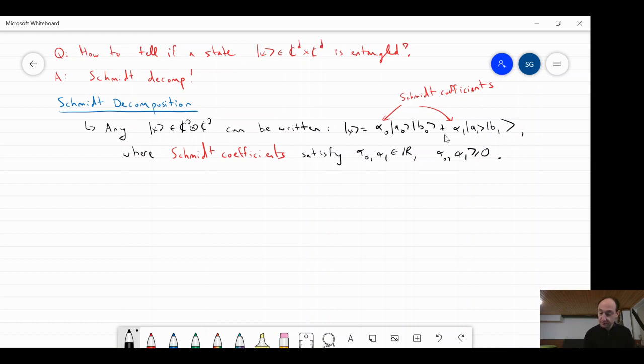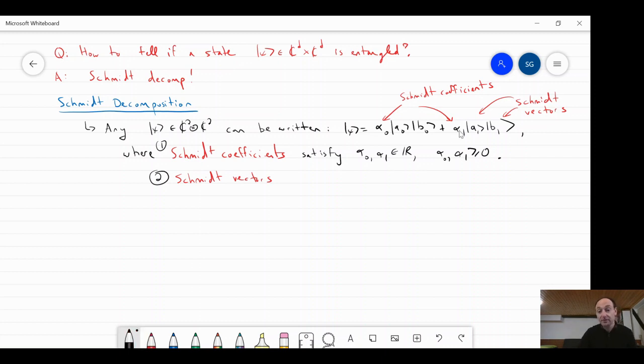So two things. Number two is that these things here are called the Schmidt vectors.